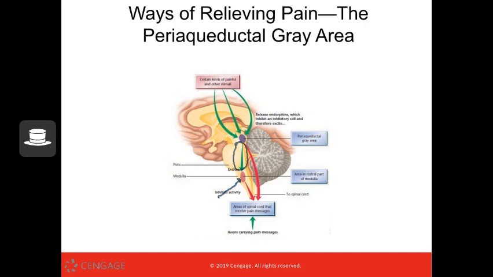So basically, it's saying, hey, more inhibition. These axons that are carrying pain messages get inhibited because the periaqueductal gray is saying, hey, no, slow that down. We don't need that. So that's one way of slowing down or interrupting pain messages.